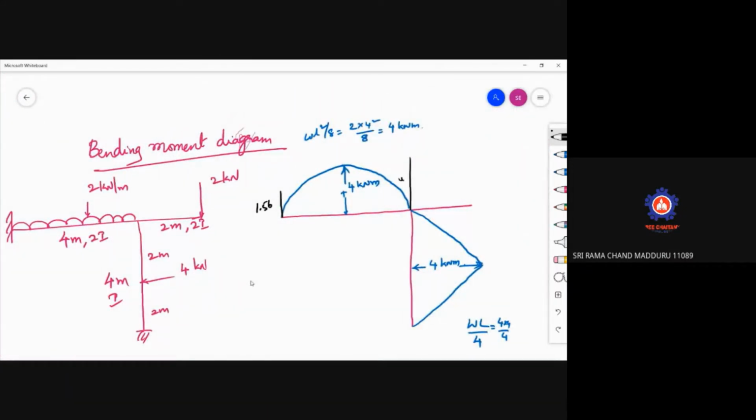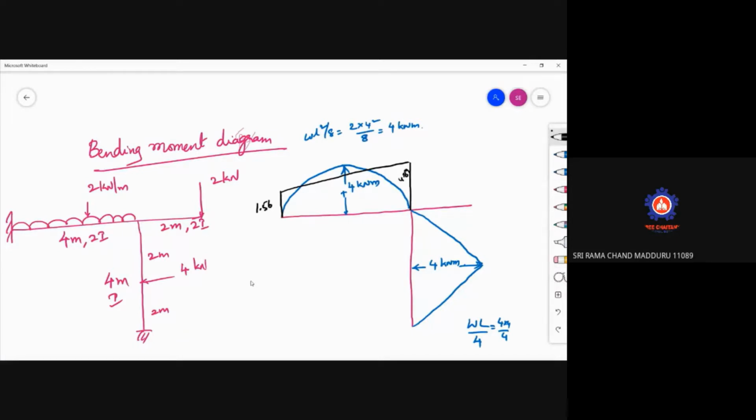Now you have to join them as a straight line.